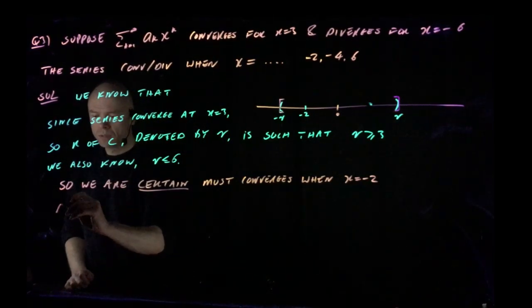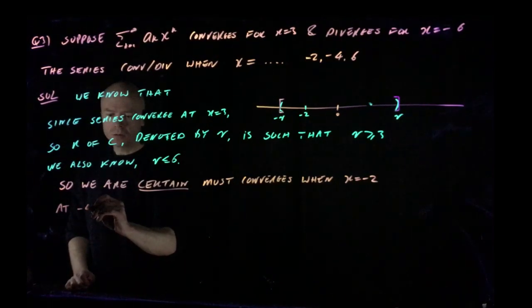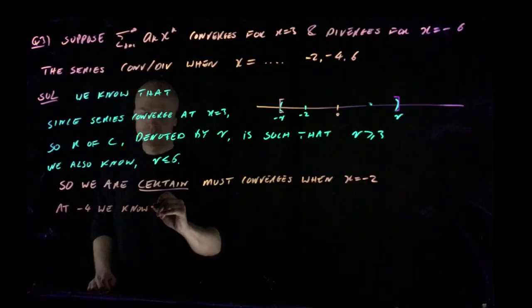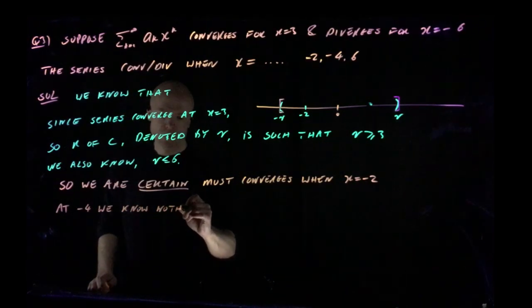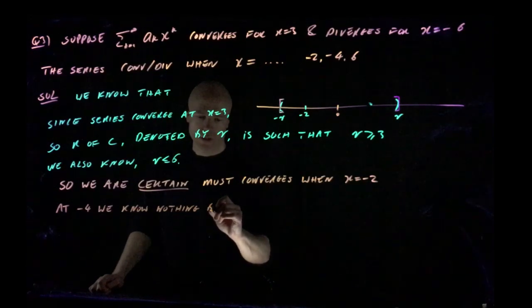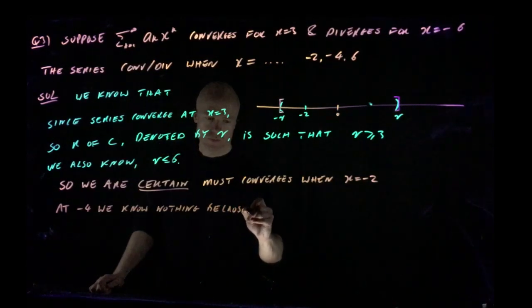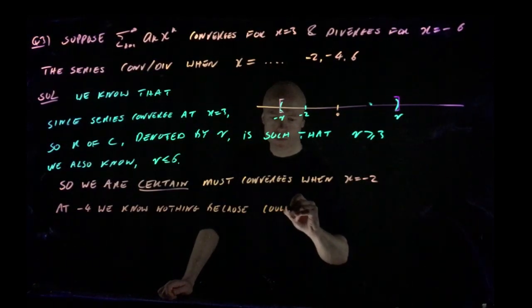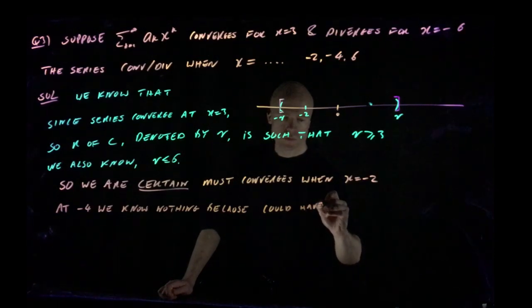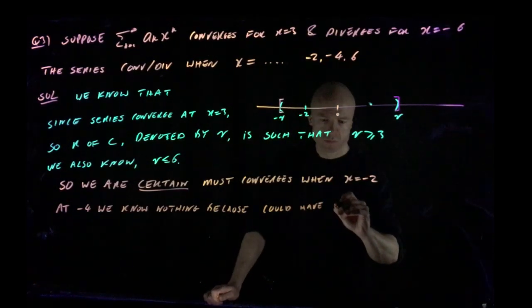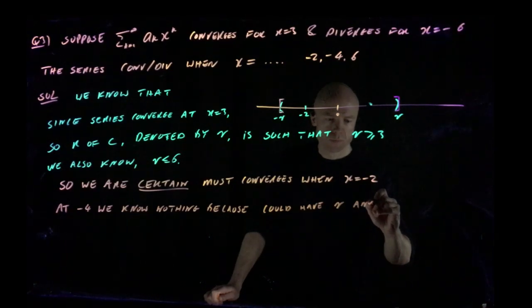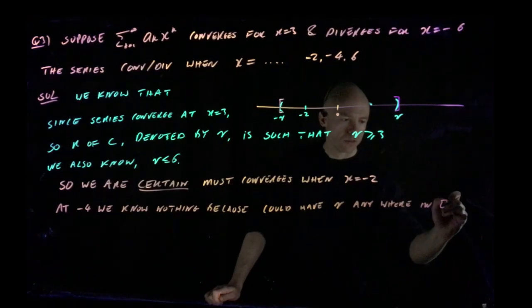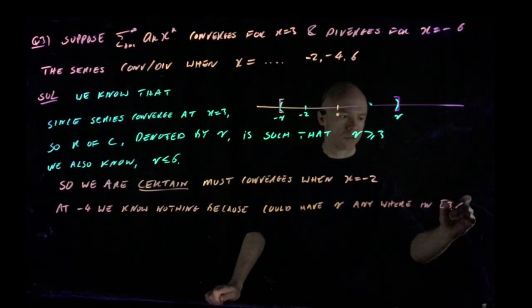So at -4 we know nothing, because r could have been anywhere in 3 to 6.